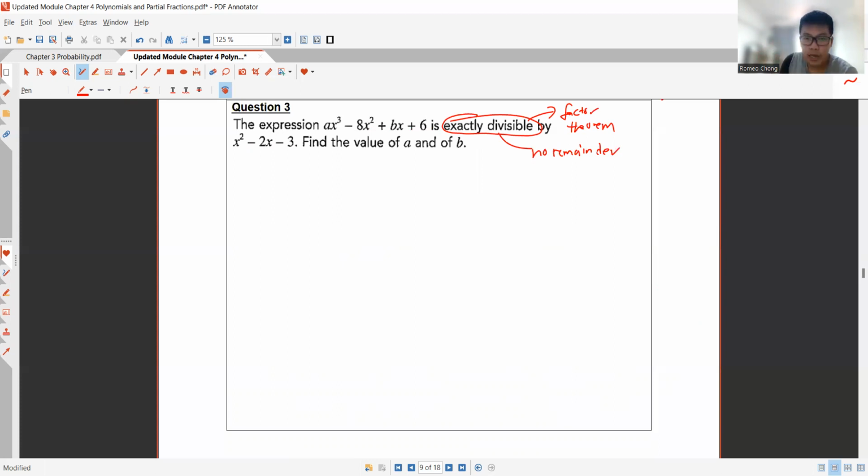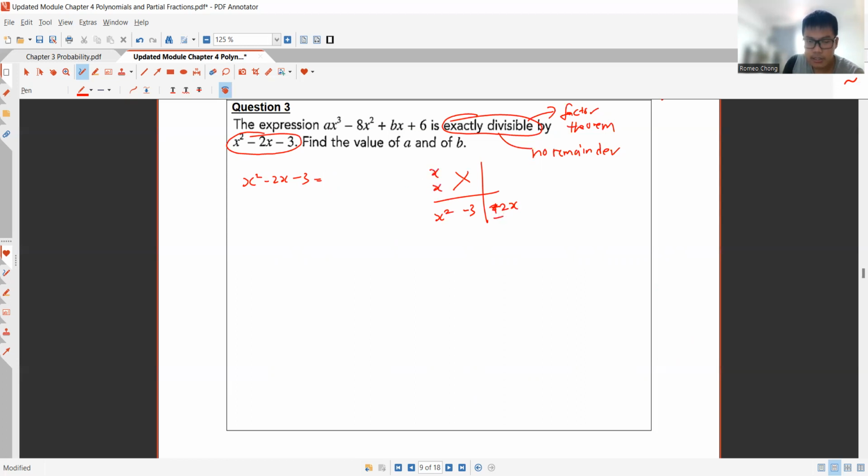As you can see, this x squared minus 2x minus 3 is actually a quadratic expression. What you can do is factorize it. Sorry, should be minus.